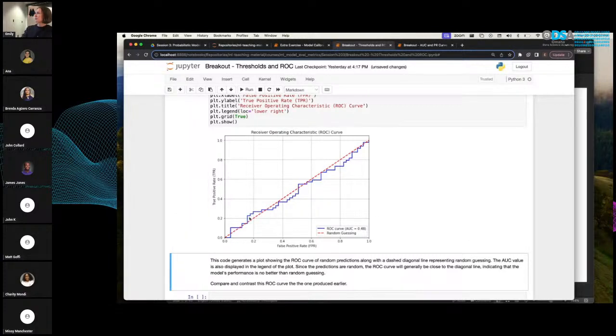This one's much worse. So we can see that this red dotted line, which we had said was random guessing, is actually fairly representative of what random guessing would look like. Obviously, if we had more predictions, a larger data set, it would get closer and closer to this red line.